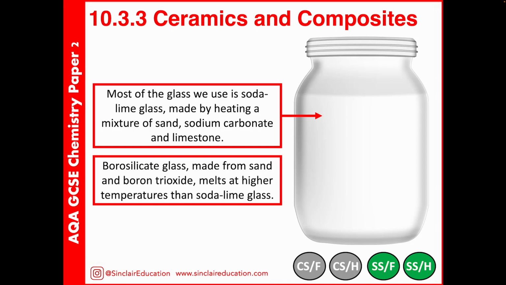An alternative, however, is borosilicate glass. This is made also from sand, but it's combined with boron trioxide. Compared to soda lime glass, this is going to melt at far higher temperatures.